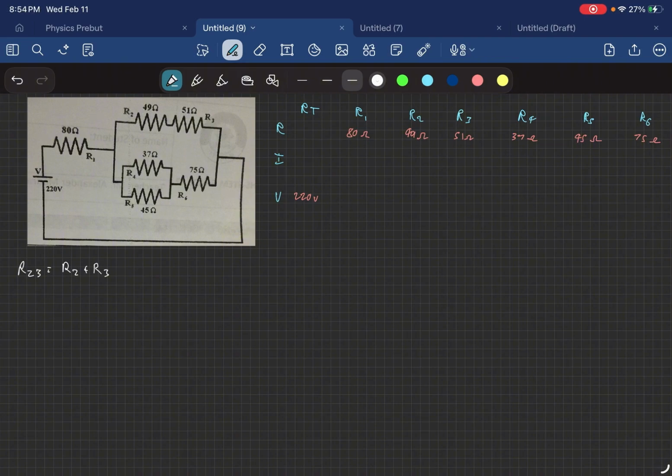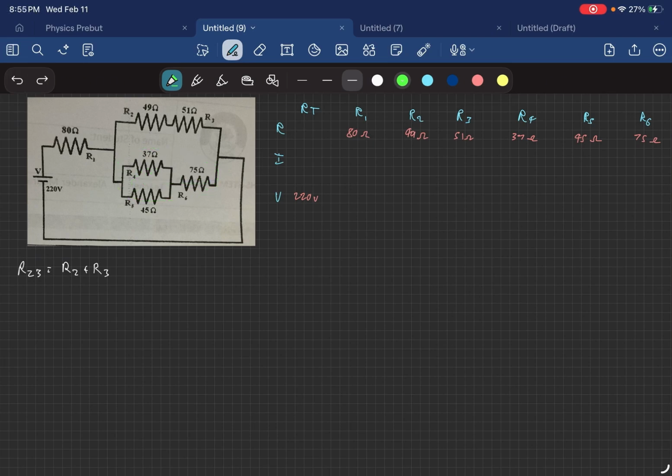Now let's look at the other half of this whole part. We can see that R4 and R5 are in parallel. If you look at R456, R45 is in series with R6 because it's a direct connection, remember?